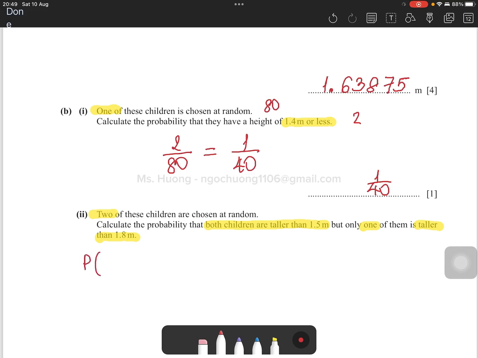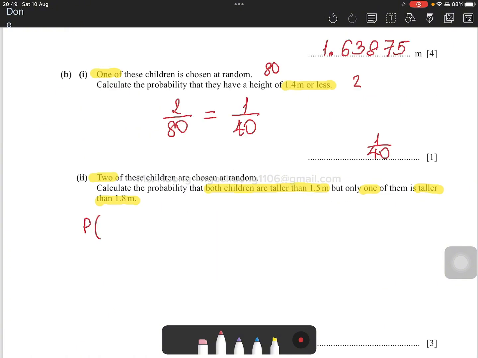Maybe both of them are taller than 1.5, but only one is greater than 1.8, which means maybe the first one is taller than 1.8 meters, but the second one is from 1.5 to less than 1.8 meters.